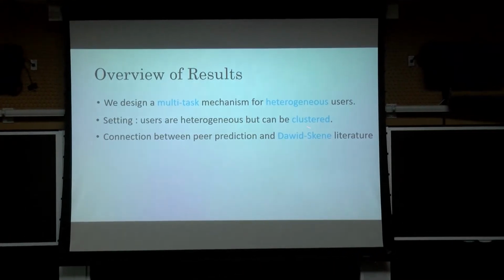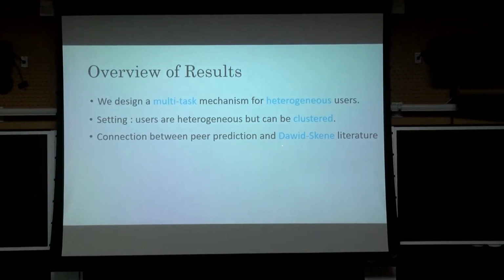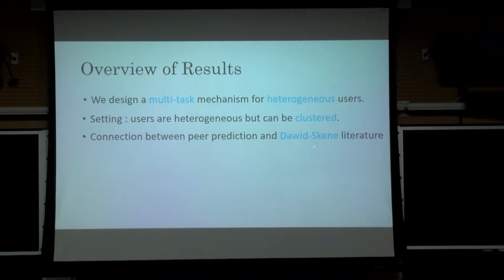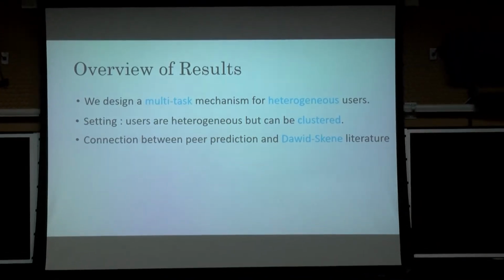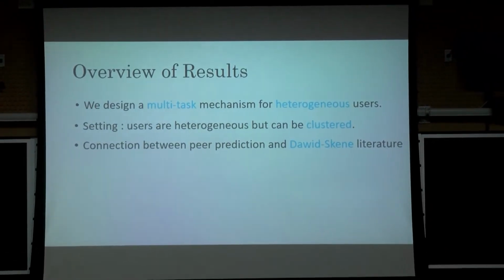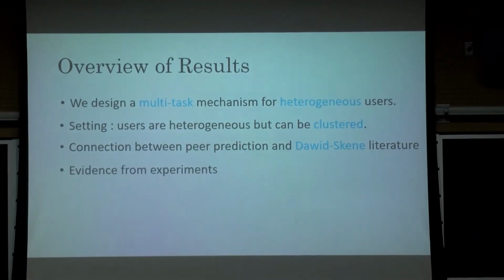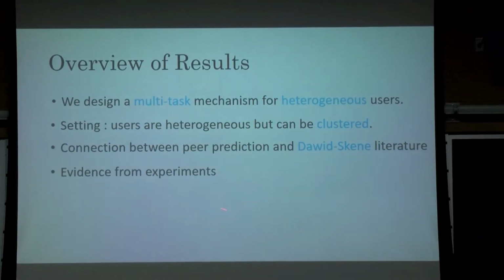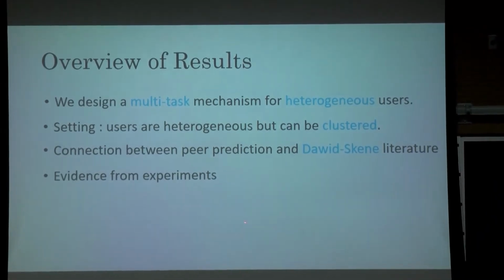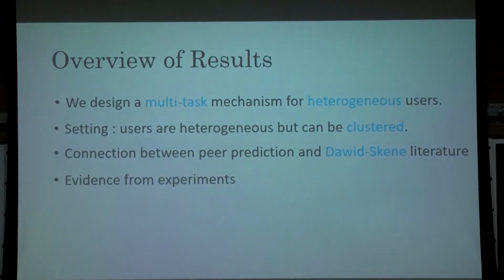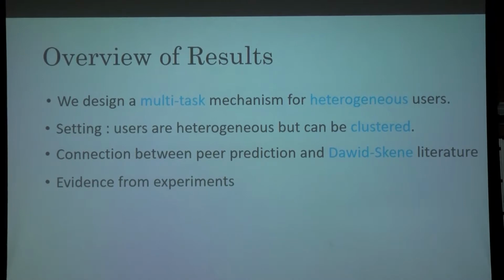Dawid-Skene is the standard literature for this setting, and there are several sample complexity results for learning the ground truth, and we will see a connection between them. We will also present some experimental results to see that in real world settings the users can actually be clustered.